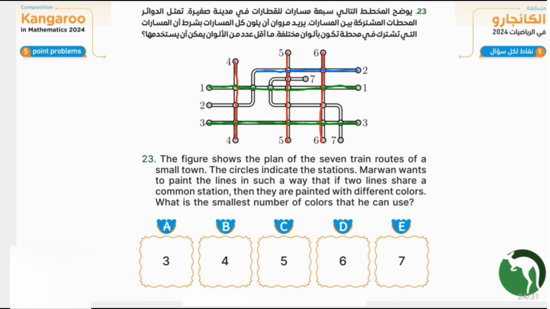So I will paint it with blue like this, and the same situation for 7, so I will paint this one also with blue. So what we conclude from this is that the minimum number of colors that should be used is 3, and A is the correct answer.